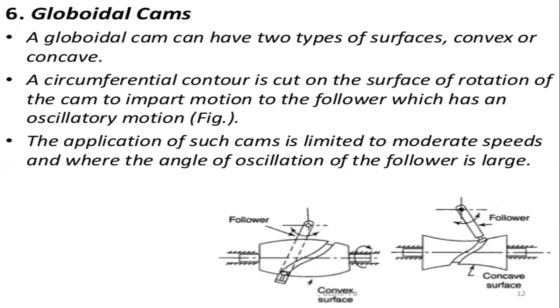So these are cut on the surface of the rotation of the cam to impart motion to the follower, which has an oscillatory motion. So this surface of contact has much oscillatory motion.